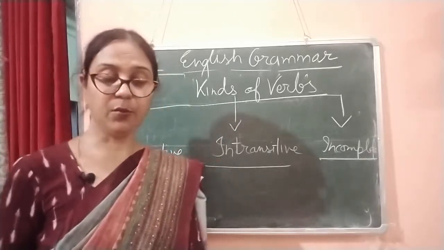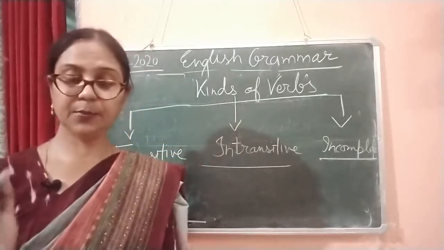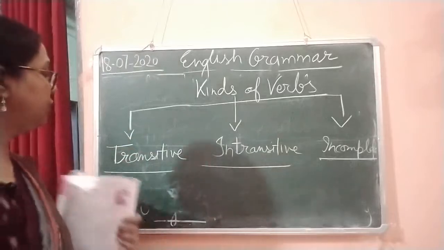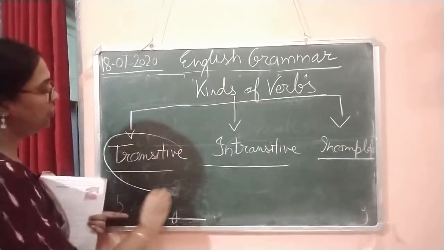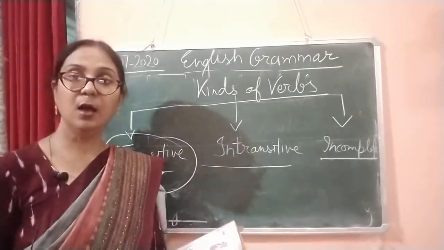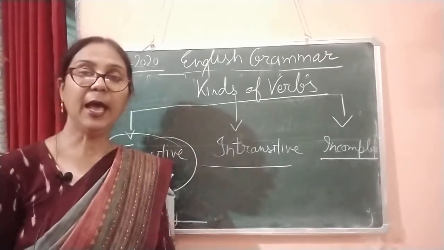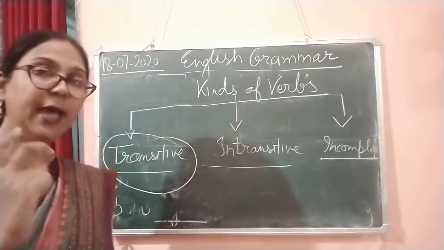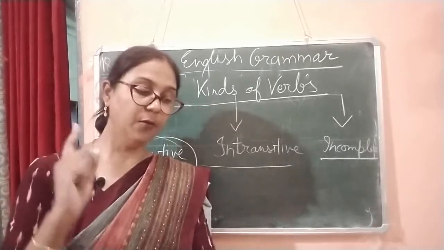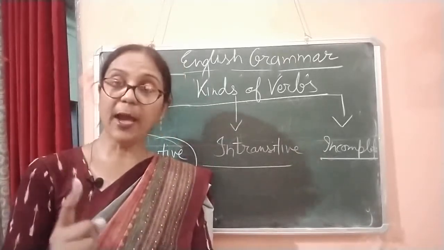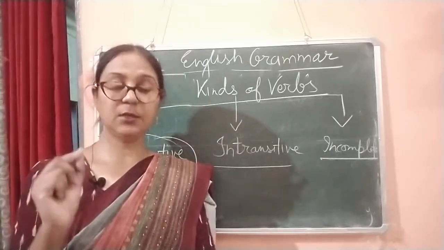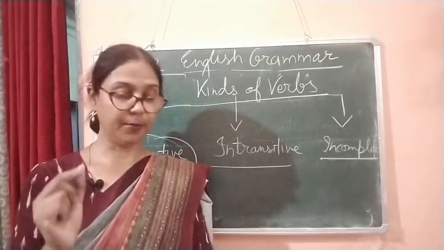A verb which requires an object to complete its meaning is called transitive. If we are talking about a transitive verb, this type of word has an object, and it shows the action having an object. A verb which requires an object to complete its meaning is called a transitive verb.